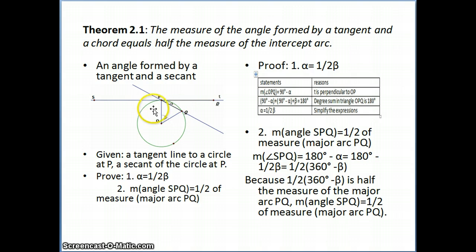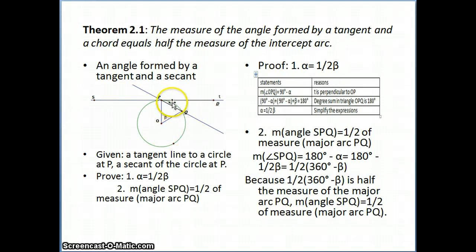And we also consider there's a bigger angle SPQ instead of this small angle alpha here. So similarly, can we prove that this big angle SPQ is also half of the major arc from P to Q? So we have two things we want to prove.